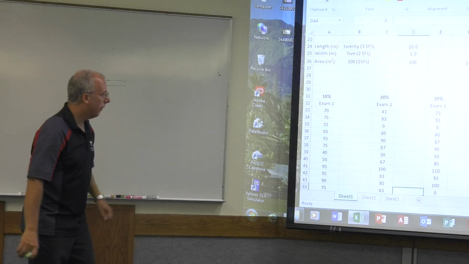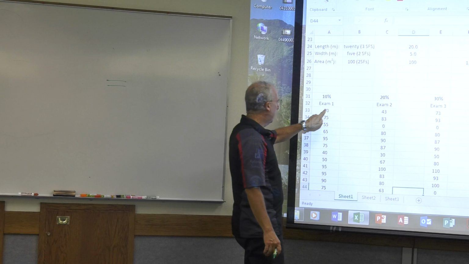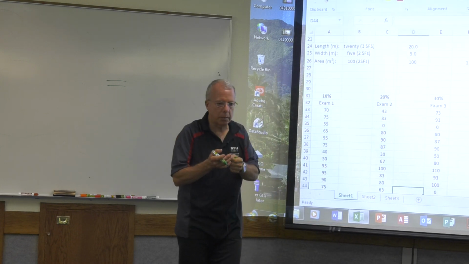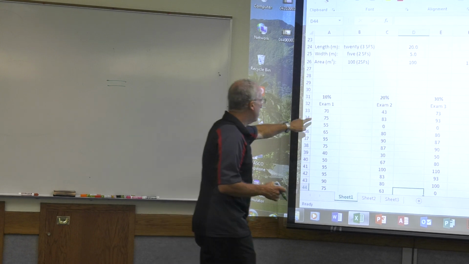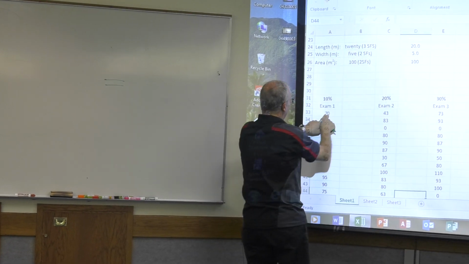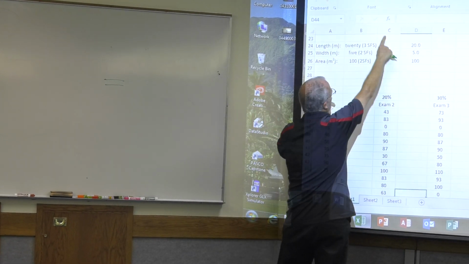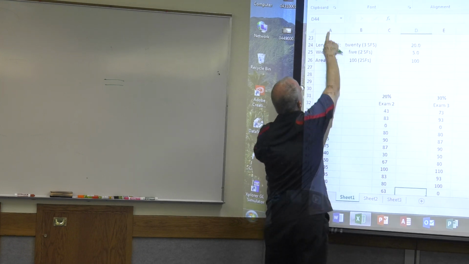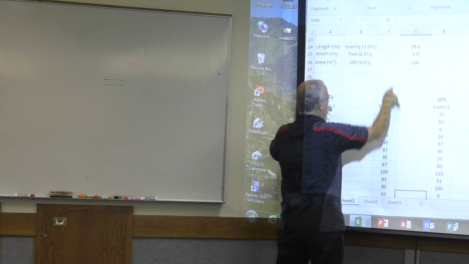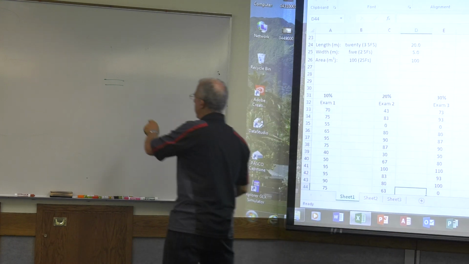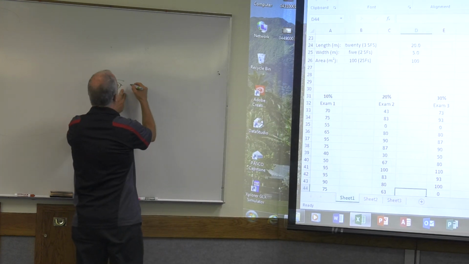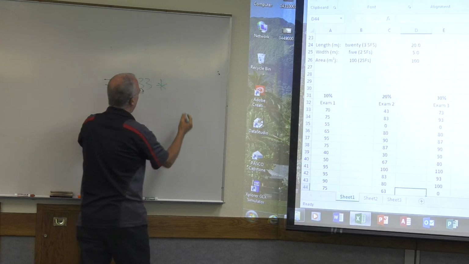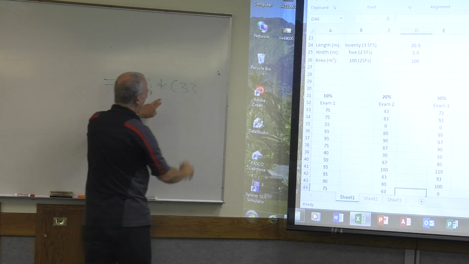Let's say I want to multiply this by this. Excel just thinks in terms of cells. So this is cell A33 and this is cell C33. You say equals A33 multiply by C33.